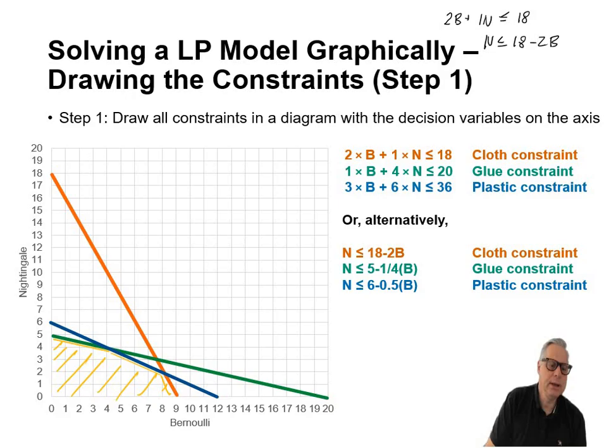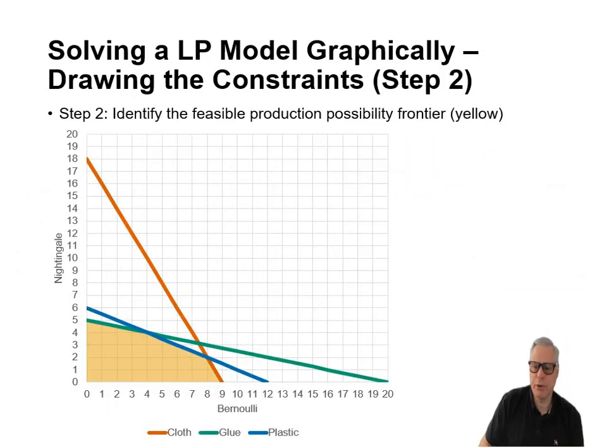And similarly, the ISO profit tells us all the combinations of Bernoullis and nightingales that give us the same profit. So we can write that in general terms like this.